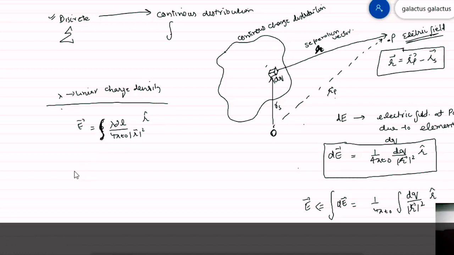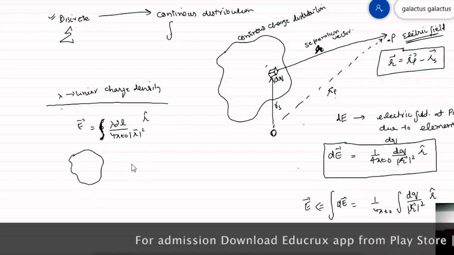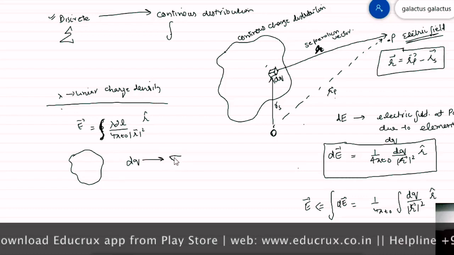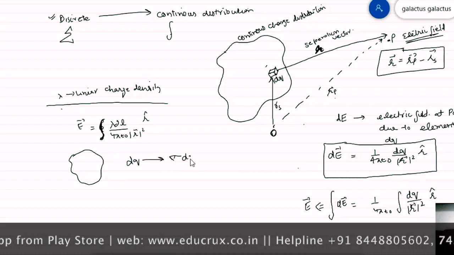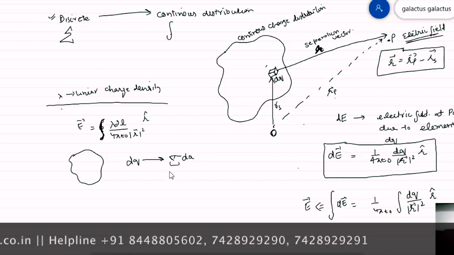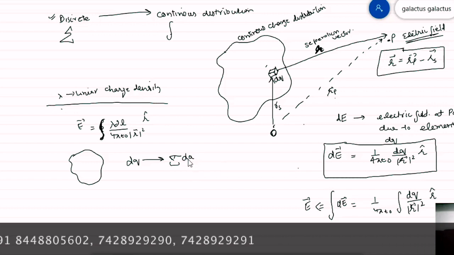And suppose my charge is distributed over a surface, then my dq will be replaced by sigma dA, where sigma is the surface charge density and dA is the small element area.